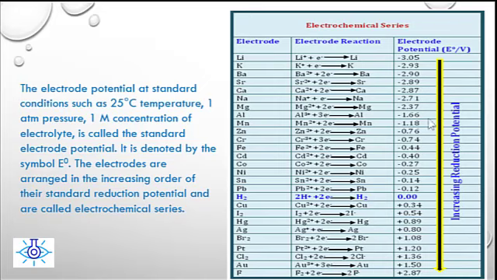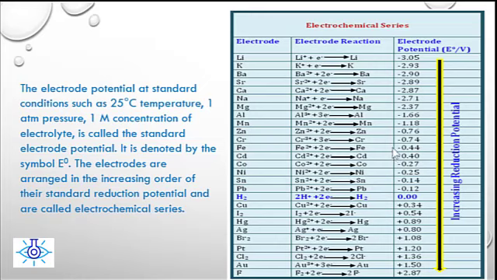Similarly, lithium has the lowest electrode potential, indicating that lithium ion is the weakest oxidizing agent, while lithium metal is the most powerful reducing agent in an aqueous solution. So this is the information we get from the electrochemical series.